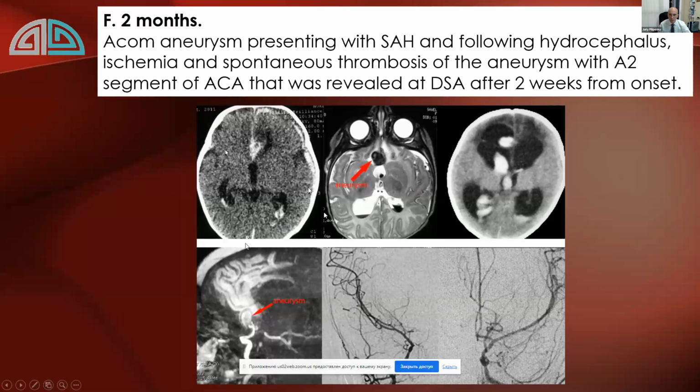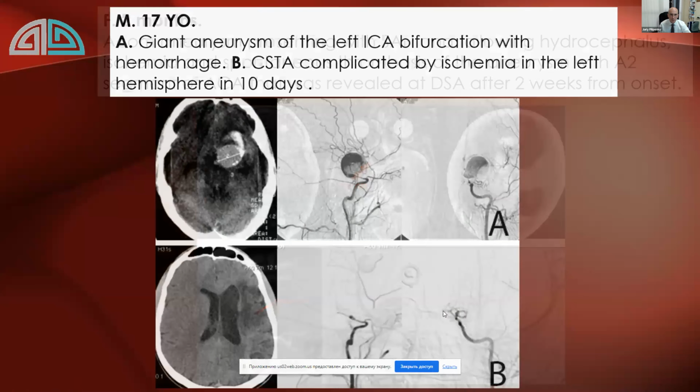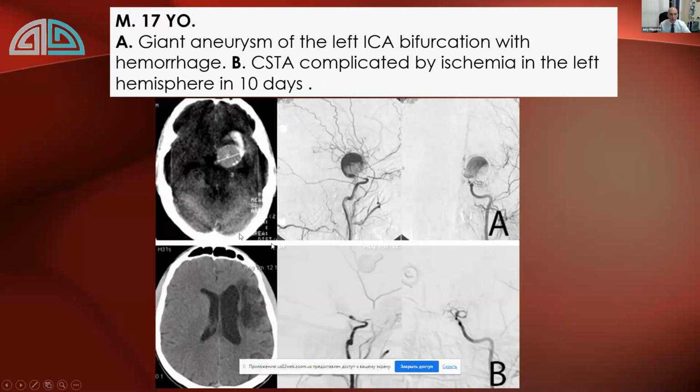The aneurysm was thrombosed together with one of the A2 segment arteries. Another case, a large internal carotid artery aneurysm thrombosed with the ICA, and it was followed by ischemia in the left hemisphere.